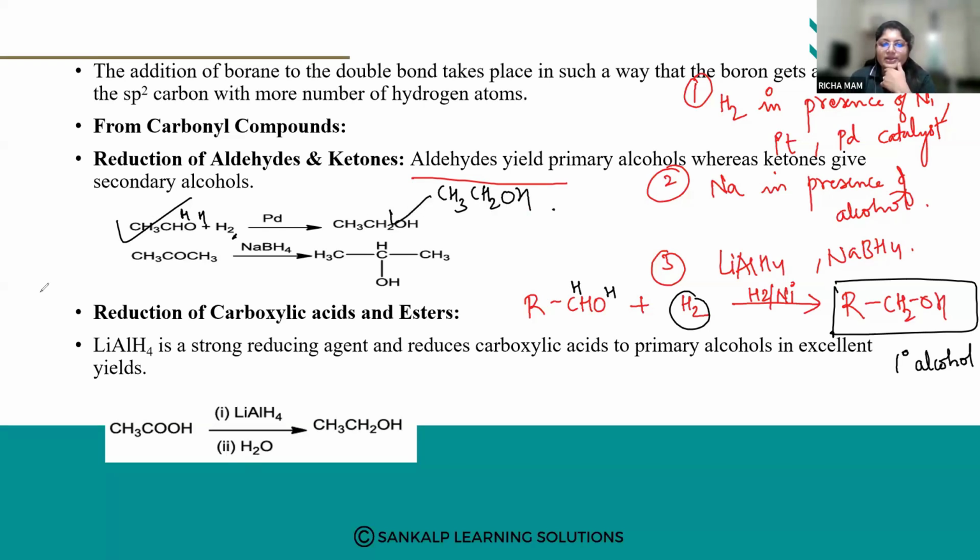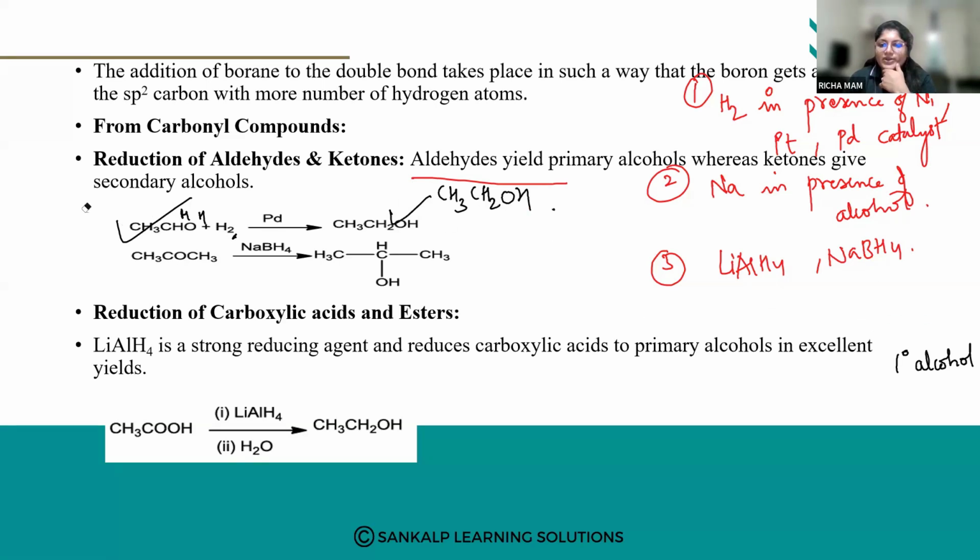Now we will see reduction of a ketone. Let me take a ketone. Any of these reducing agents you can use. A ketone is represented as RCOR'. When you react it with hydrogen, using lithium aluminum hydride as a reducing agent, what am I going to get? RCHOHR'.